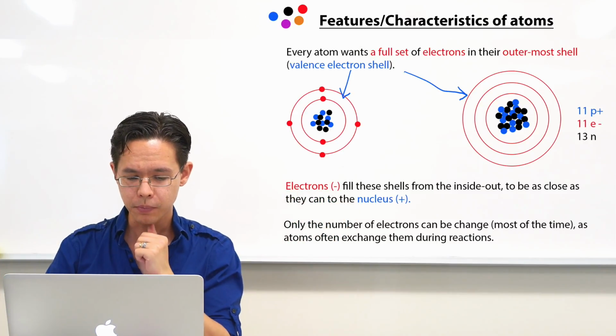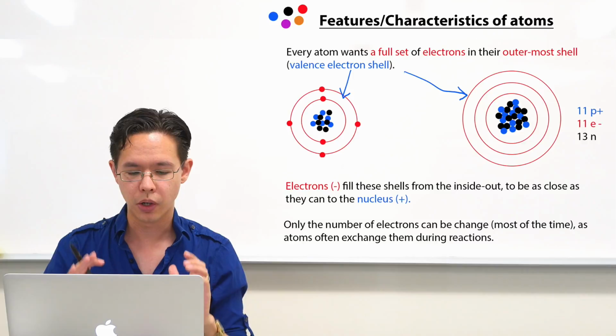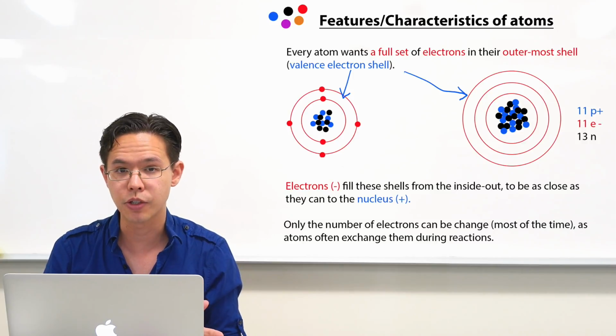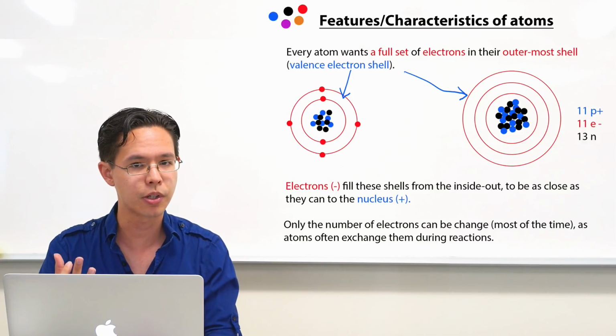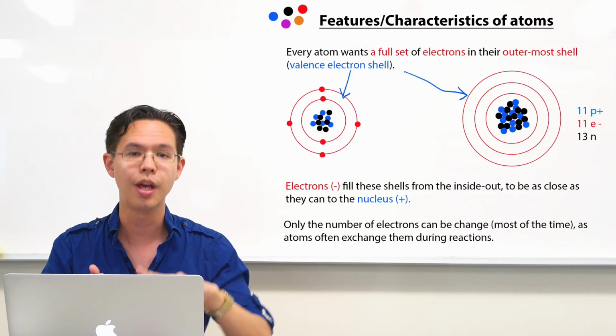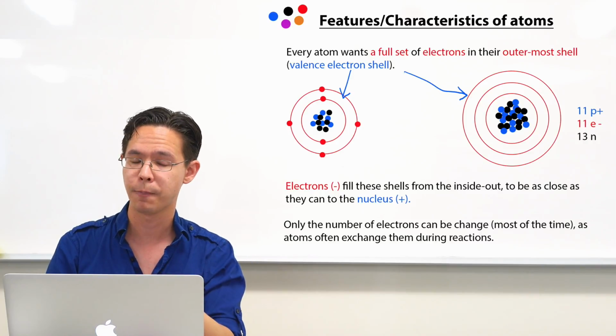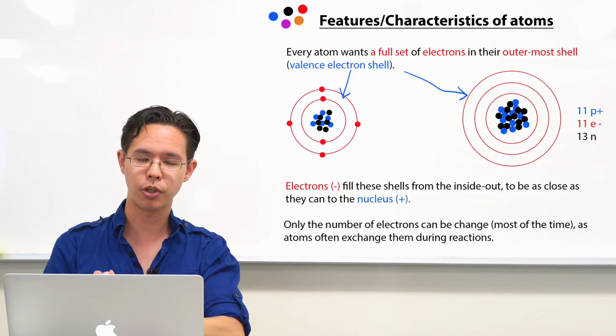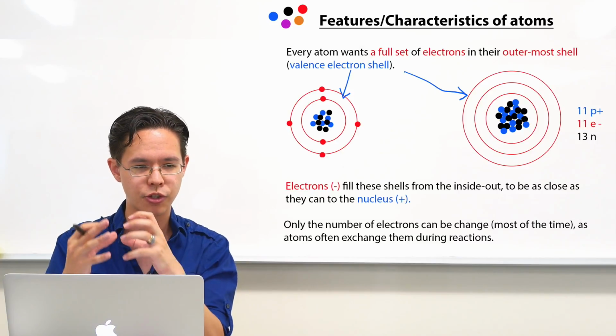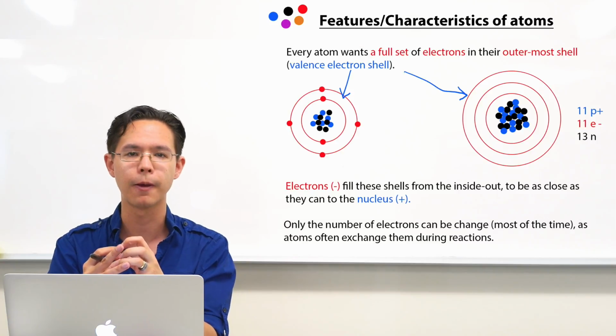Last feature, only the number of electrons can be changed for an atom. You can't change the proton count, you can't change the neutron count, but you definitely can change the number of electrons. The reason why you can't change protons and neutrons is because they're very, very strongly bound in the middle of the atom.